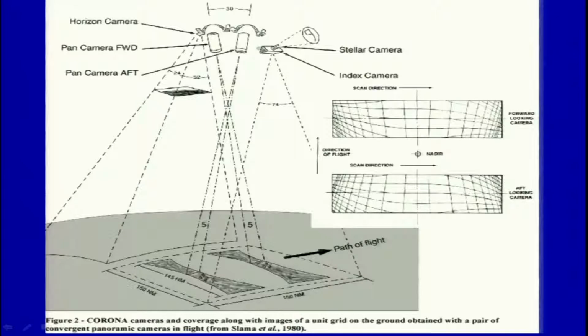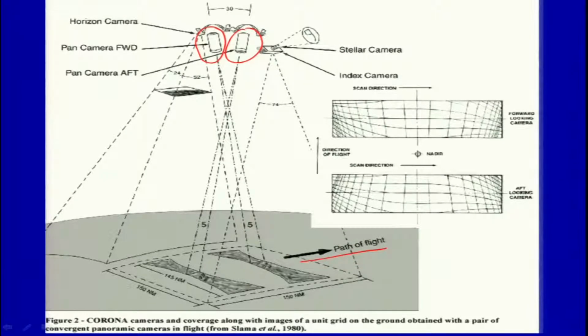The Corona cameras were used, and this figure shows the coverage of the images, how they have been taken. In this there are two cameras mounted, and if you have this line of flight, you have the two cameras mounted here, one and this is another one.